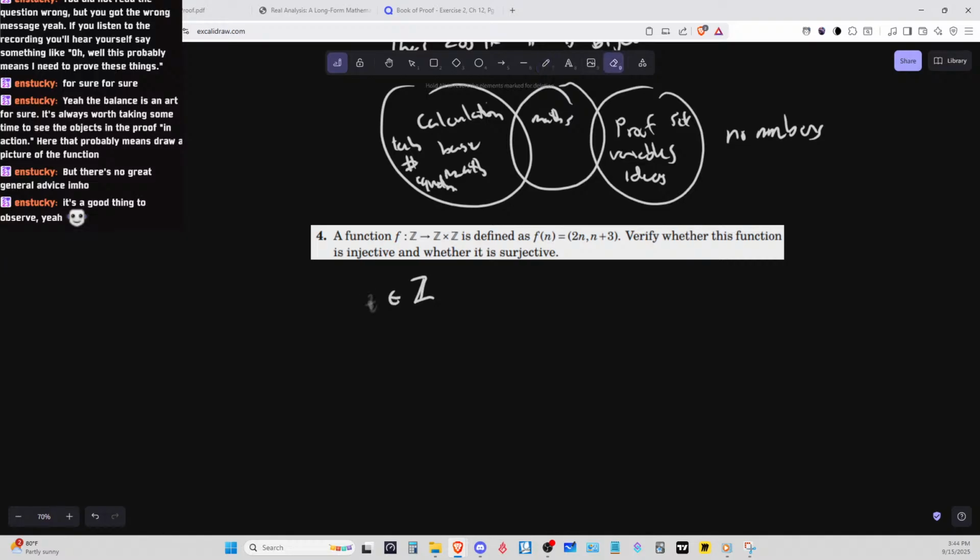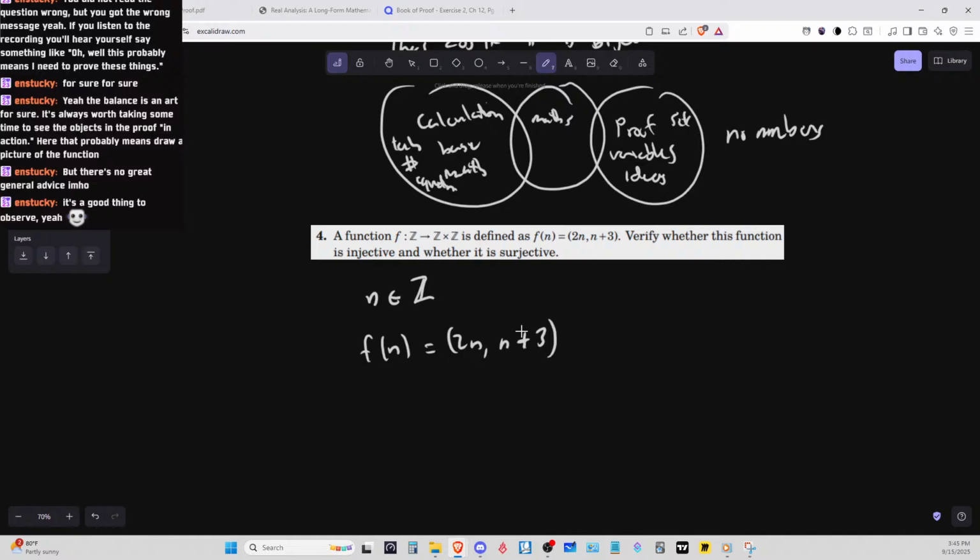So let's say n is in the integers, and then we have n, f of n is 2n, is 3n. Any number would fit, any integer actually.